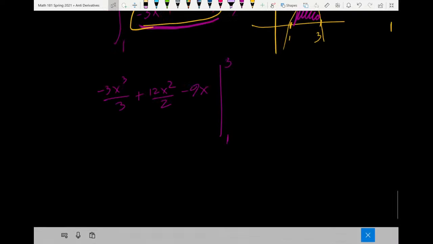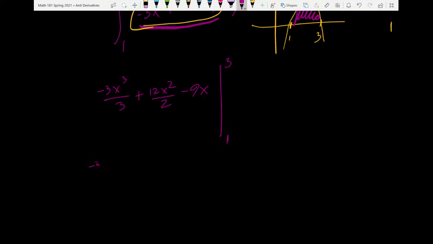So in this case, if we simplify that, I get negative x cubed plus 6x squared minus 9x from 1 to 3. So now we just plug that in: negative 3 cubed plus 6 times 3 squared minus 9 times 3.